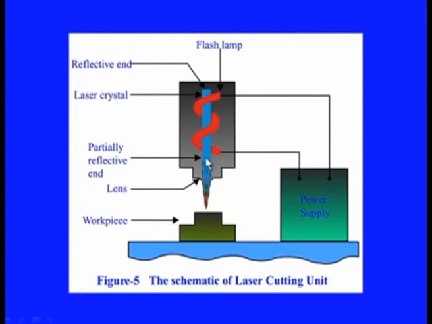At one end is a mirror system which is partially reflective, therefore some amount of the beam will come out as the laser beam, and it will be focused with a certain lens system on the workpiece. The power to this additional energy system will be controlled by some other power supply system.